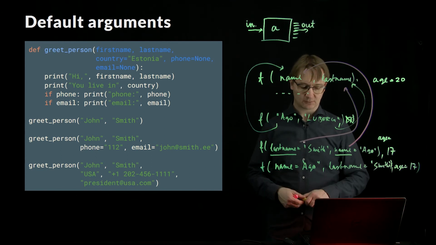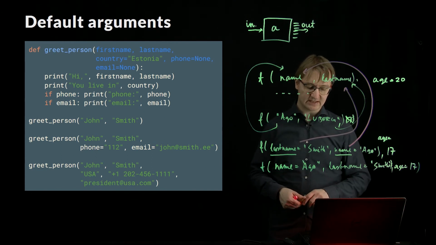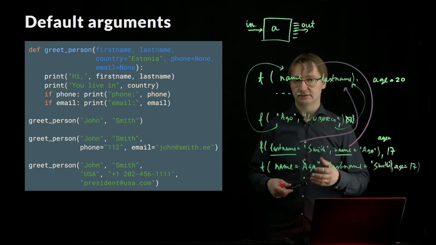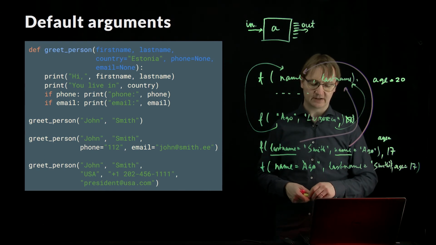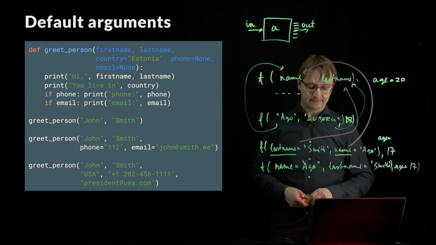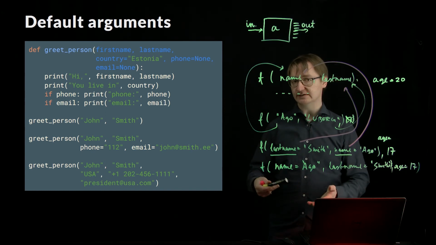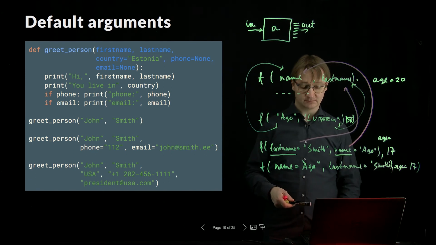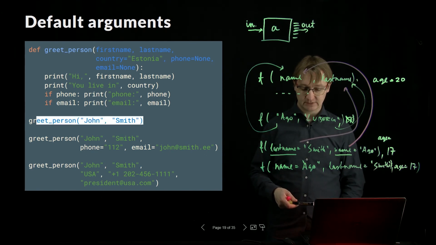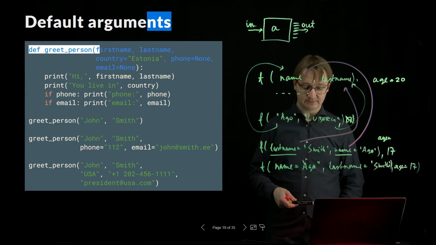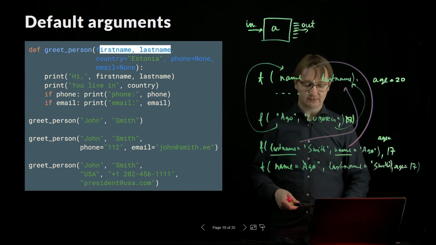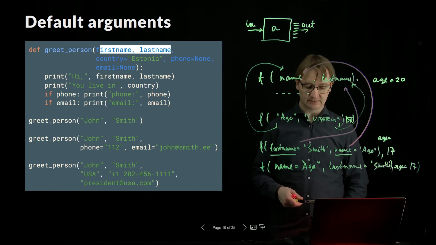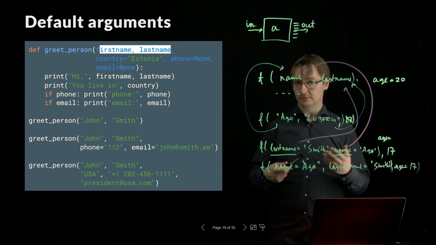Here's a more complex example, but the idea is the same. In this example, we will have more default arguments, or parameters which have default values. And now there are several different ways to call this function. So if I call the function with only two values, then only the first name and the last name are filled in, and all the others are used as default values: the country will be Estonia, phone and email will be None.